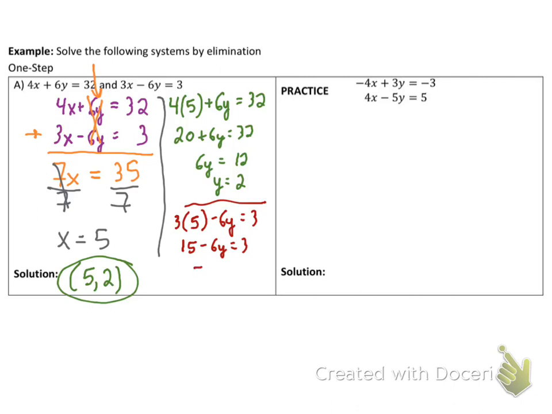Subtract 15 from both sides. I'll get negative 6y equals negative 12. If I divide both sides by negative 6, I'll get y equals 2. Doesn't matter which equation you plug x equals 5 back into, you're going to get out a y value of 2. So the solution, the ordered pair, where these two lines intersect, is (5, 2).